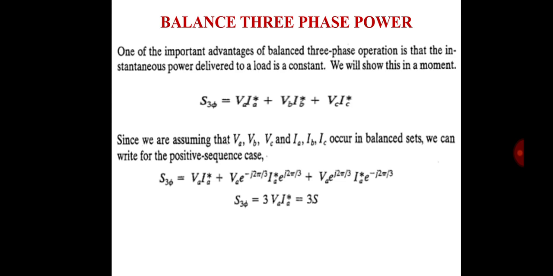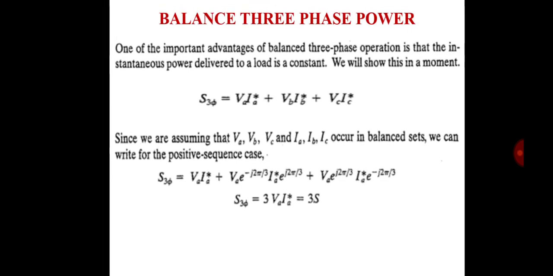Since we are assuming that VA, VB, VC and IA, IB, IC occur in balanced sets, we can write for the positive sequence case S three-phase equal to VA IA conjugate plus VB IB conjugate plus VC IC conjugate. Here we have a positive sequence case, so we write VB and IB, VC and IC in terms of VA.